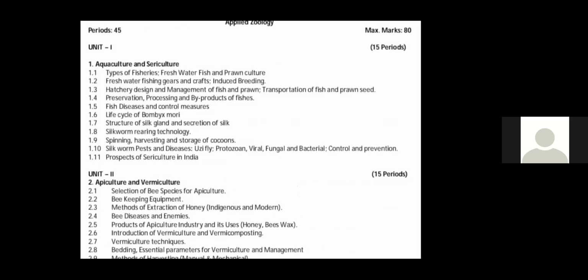First of all, we are discussing aquaculture. So what is aquaculture? Come on, tell me. Rearing and production of fish, that means meat, fish, crab, prawns, from aquatic animals.